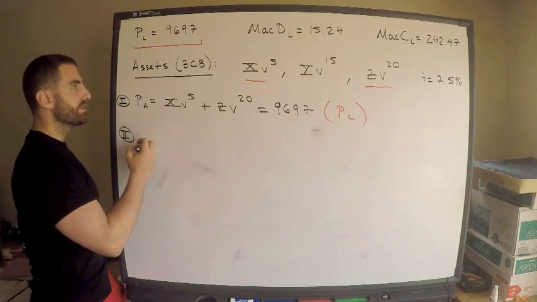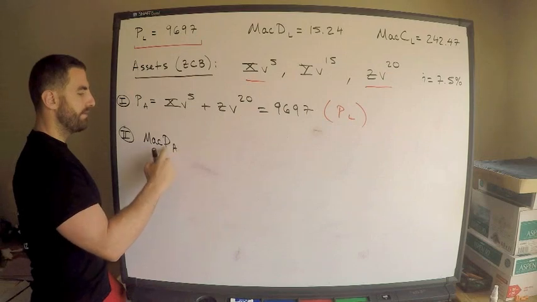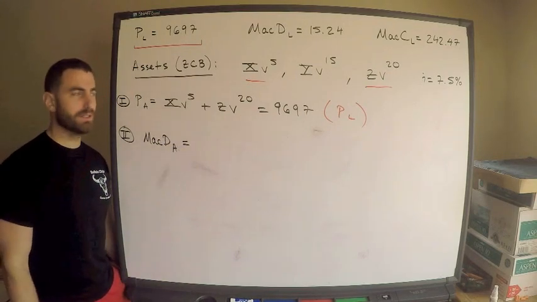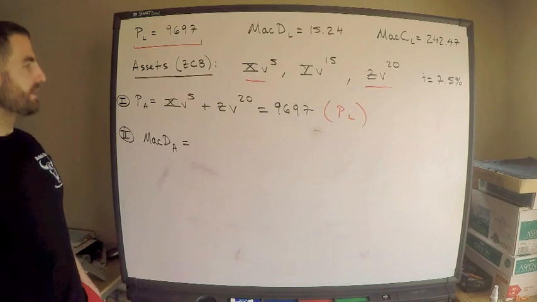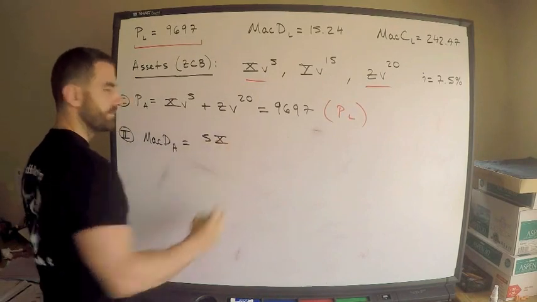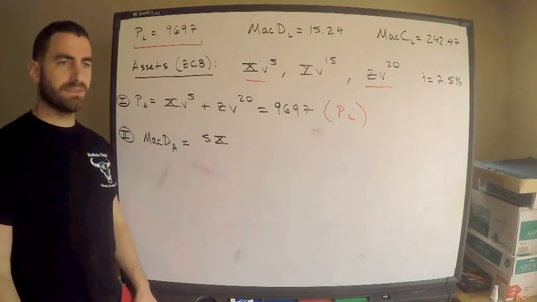Let's say Mac D, the Macaulay duration of the assets, using the formula I mentioned a moment ago. Convince yourself this is true. This is not too confusing. I didn't write down the Macaulay duration, but hopefully you know what Macaulay duration is.